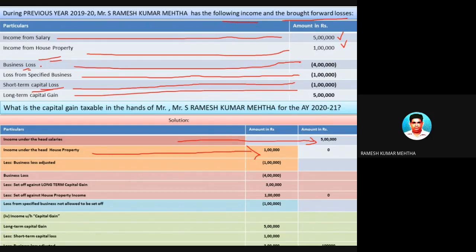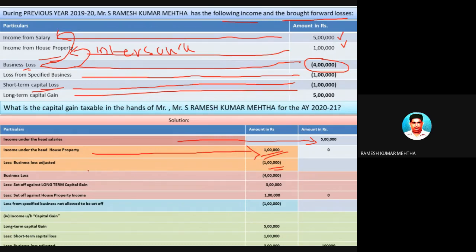Remember, business loss can be set off against income from house property under inter-source adjustment. But this cannot be set off against income from salary. That's the reason why this 4 lakh rupees of loss of the current year can be set off against this income from house property. So I have set off.